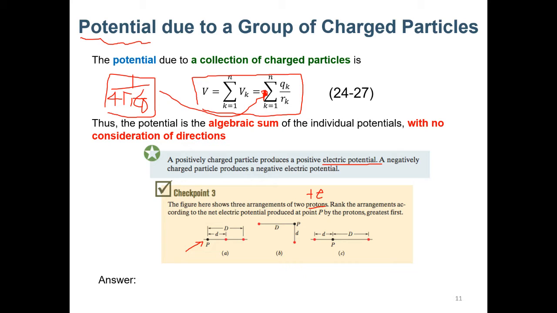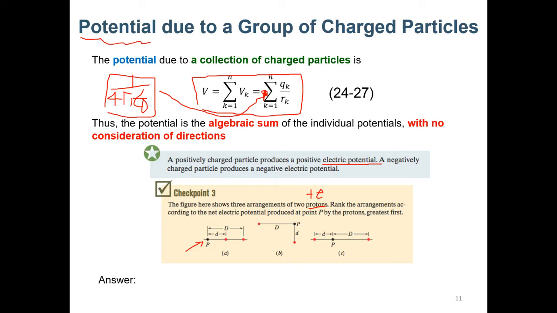When you consider it from a vector point of view, the E field at point P, in this case they are in the same direction, so it is the largest one, and this is the smallest one because most of it is cancelled, and this one points to that side. So for the electric field, this one is largest, this one is second, this one is smallest.